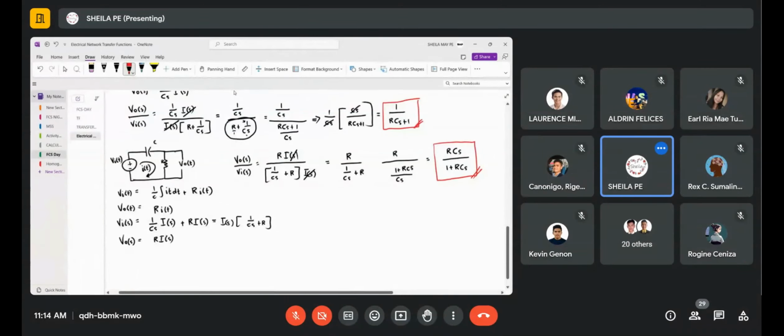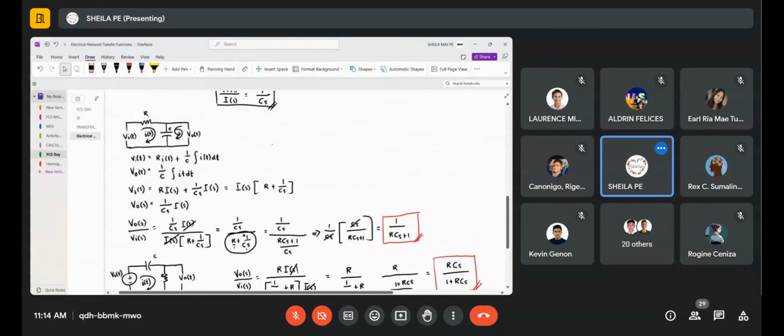So we have here, for example, class, if we have to seek the transfer function in terms of our I(S) over V(S), basically class, you're finding I(S) over V(S). Given that we have the output and the input, what is being asked in the problem is the ratio of our I(S) over V(S).